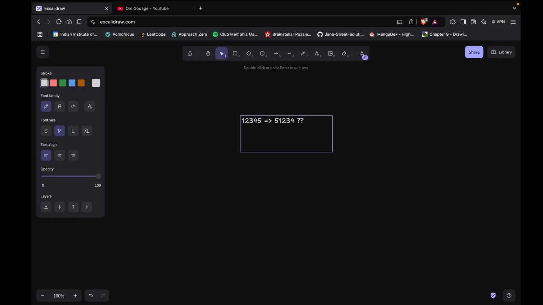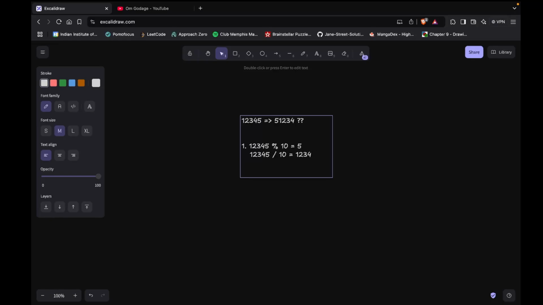So first, you already know that 1 2 3 4 5 percent 10 will give you 5. So extracting this last number is easy, and you also know that 1 2 3 4 5 by 10 will give you 1 2 3 4. So getting these numbers is easy.